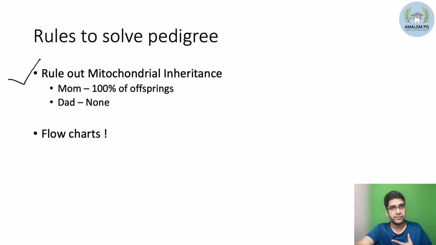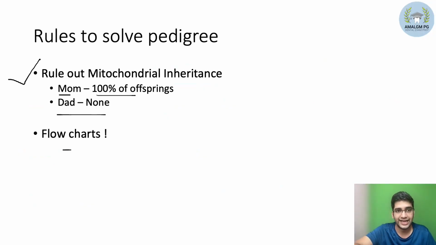Your mitochondria, my mitochondria, every human being's mitochondria comes only from the mother. So if the mother is affected, all the 100% of the offspring or children will be affected. The dad doesn't contribute mitochondria to any person in this world. So if the dad is affected, none of the kids will be affected. That's classical for mitochondrial inheritance. I will show you pedigrees and believe me, you're going to diagnose them, not me.